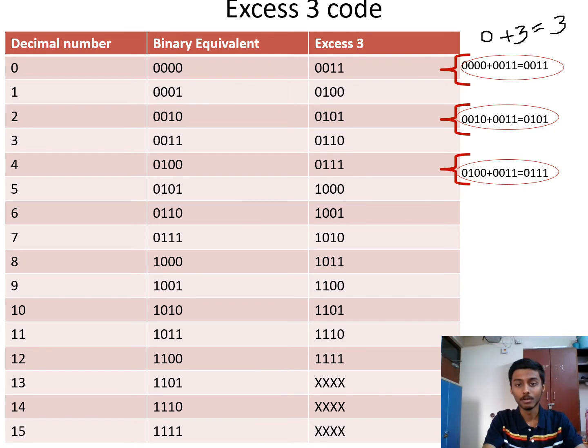Similarly, for 2 we do 2 plus 3, it's 5, and after binary addition we get the code for 5. This is applicable for all the digits up to 12, because after 12, let's say 13, if we add 3 to it, the number will be above 15, and a number above 15 requires 5-bit binary representation. So we just represent these numbers with don't cares.